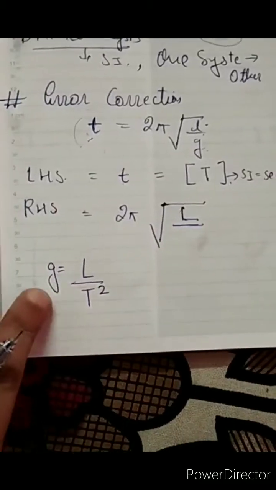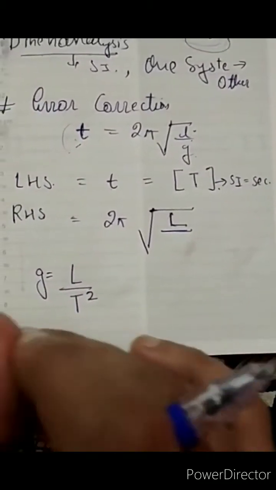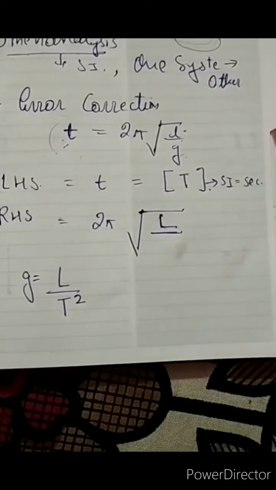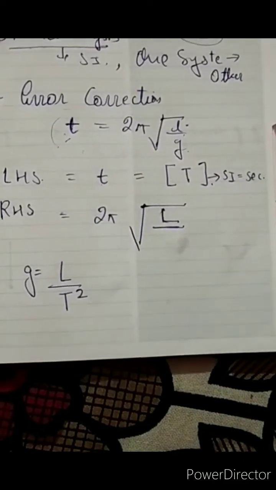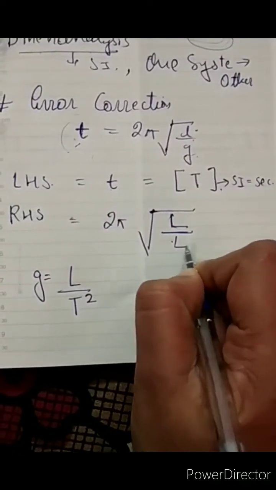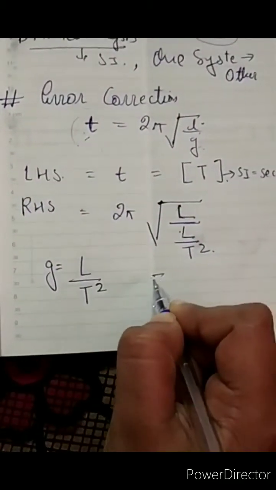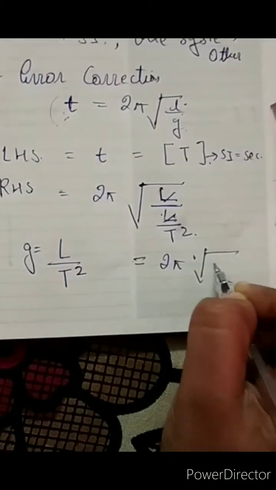We derived this in our previous video and in part 1, so if you kindly check part 1 and part 2, it will be very good for you. So can I write L upon T squared instead of g, in dimensional formula? So 2 pi, L and L cancel, and T goes to the numerator, right?